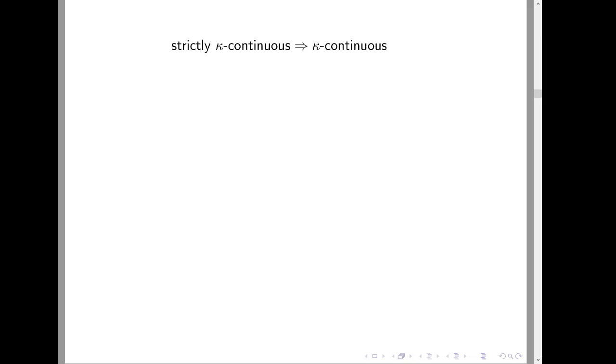It's obvious that strict kappa-continuity implies kappa-continuity, and both notions are equivalent if the space is normal. And hence, we have the following inequalities. The mini-tightness is always below the functional tightness, and it follows from the definition that the functional tightness is always below the tightness of the space.